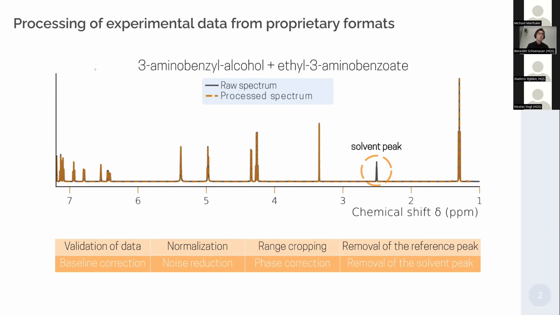What you see here in black is the raw experimental spectrum, and in orange is the spectrum after all the pre-processing that Nico has talked about has been performed. The only thing I did to the black spectrum is normalize it so that they lie on top of each other. And the first thing you can already see, even in this very broad range from 1 to 7 ppm, is that the solvent peak has disappeared in the processed spectrum. For everything else, we have to zoom in a little, so we're doing this.